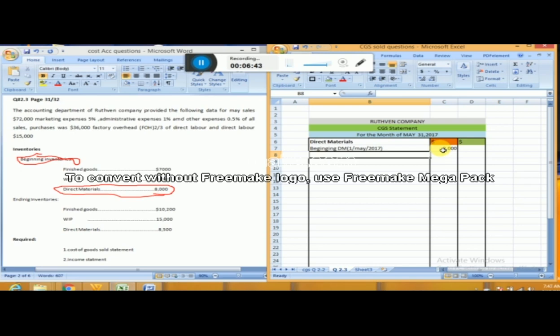Now during this month of May, because this is a monthly income statement, we will make some purchases. So we will check the purchases. Yes, we made the 36,000 purchases. So add purchases. Purchases means purchases of raw materials.